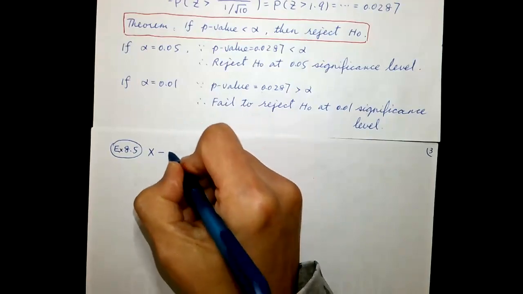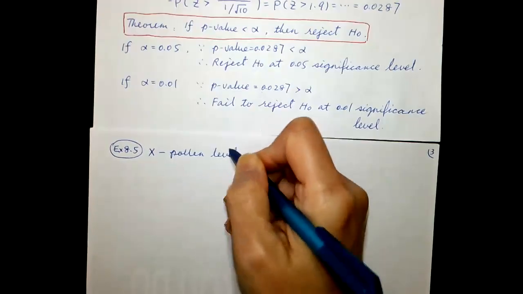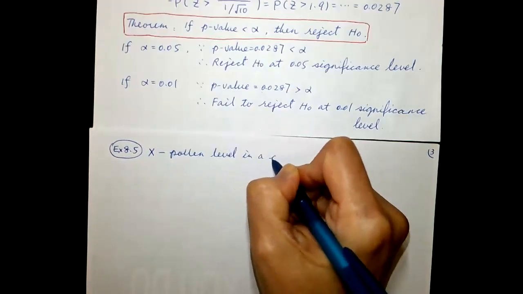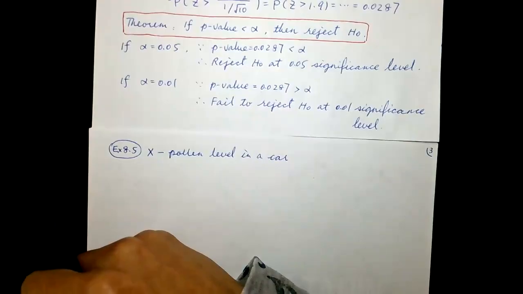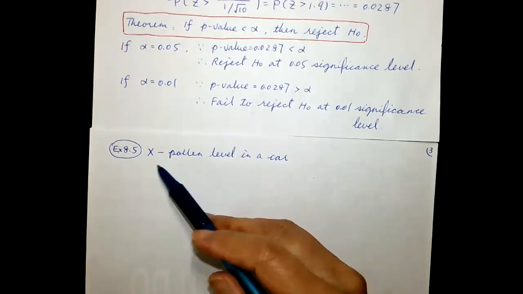X here is the pollen level measured in a car. There's a company producing the pollen filter for the cars. And the claim is with their filters, it can keep the pollen level below 5.